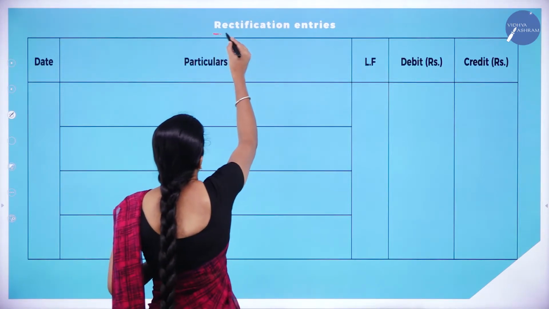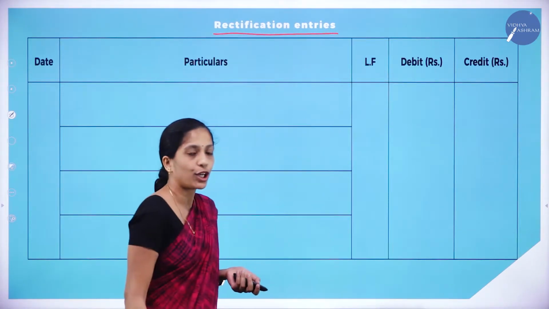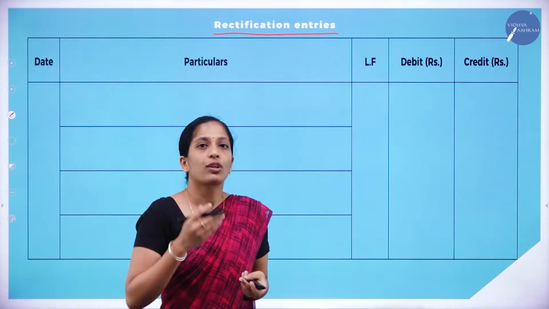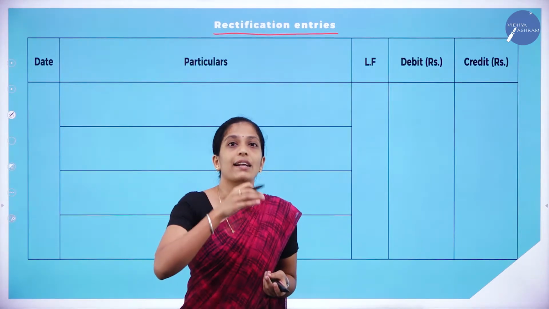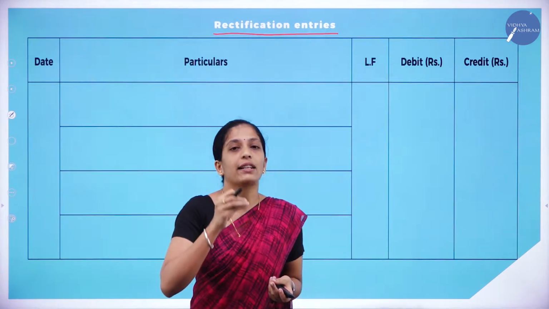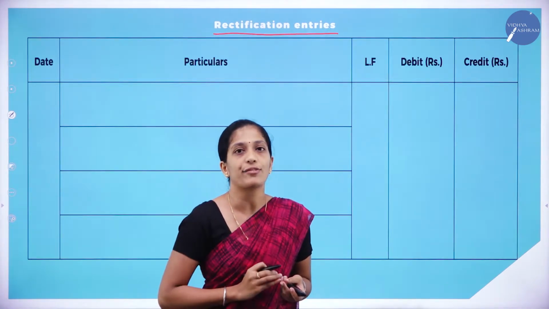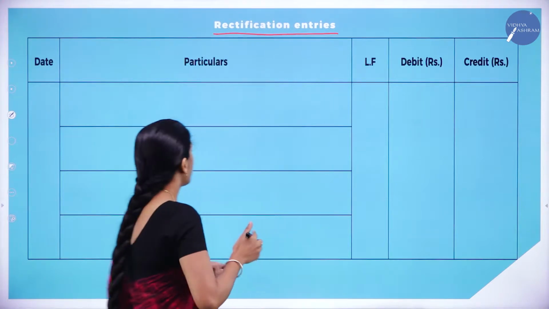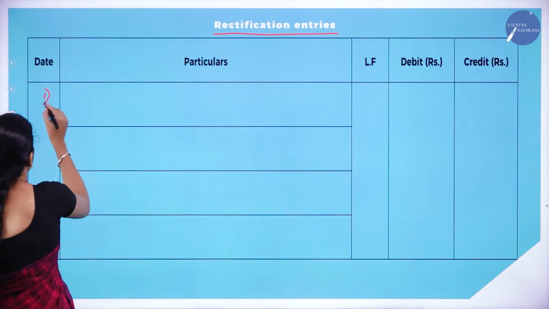Now, we shall prepare the rectifying entries. What do you mean by rectifying entries? The journal entry made in order to correct the error is known as a rectifying entry. Now, we shall record the first transaction.